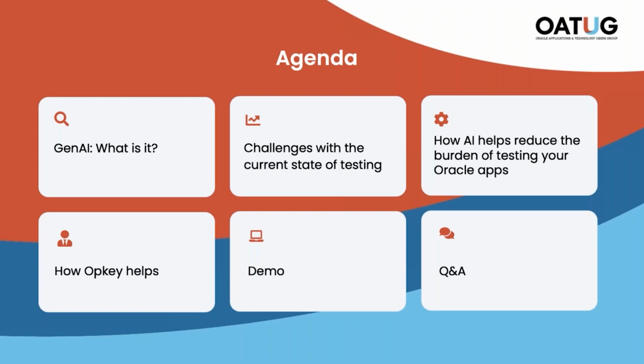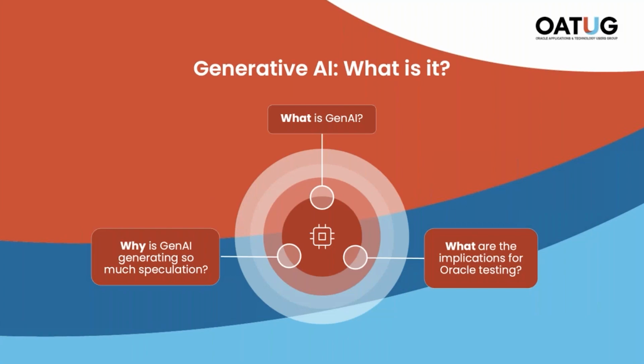Opkey works with multiple companies and teams across industries, and we'll cover how use of AI can help testing Oracle specifically, and we'll see how we at Opkey help customers with the solutions that we offer, and have a look at a few demos that are recorded here for Opkey's AI-enabled ERP test automation platform, followed by the Q&A.